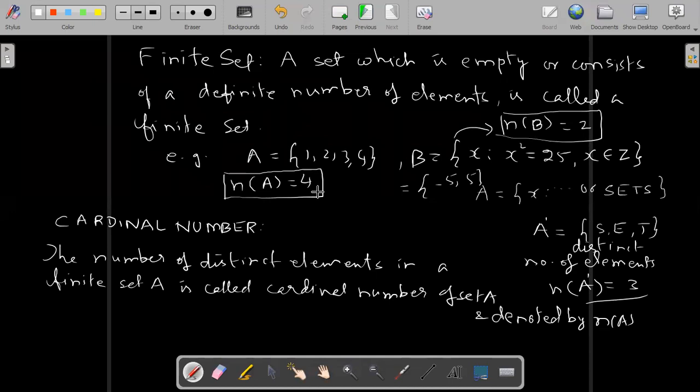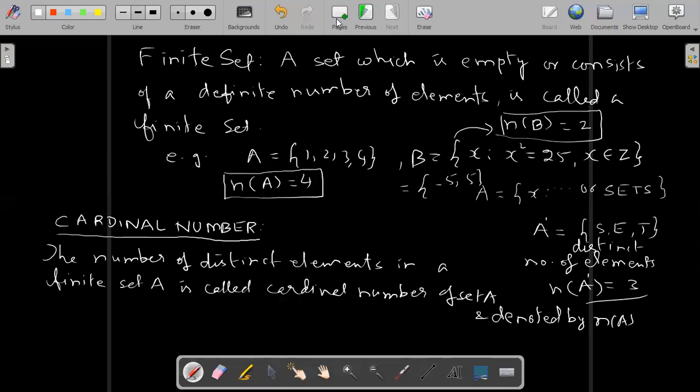A finite set will have a finite number of elements. When it has a finite number of elements, only then can we write the number of distinct elements. So this cardinal number is associated with finite sets only. An infinite set will not have any finite number of elements.